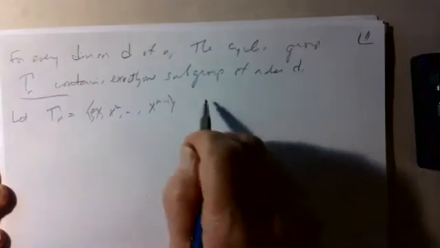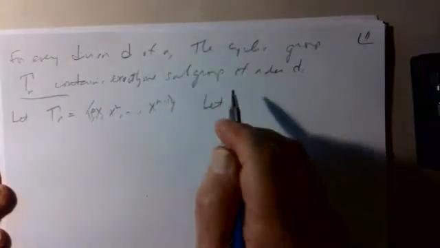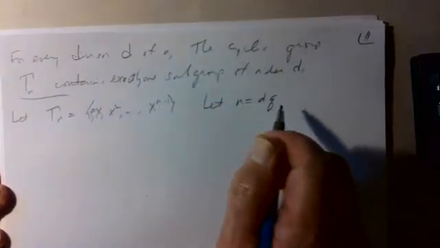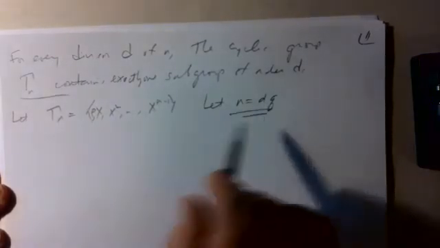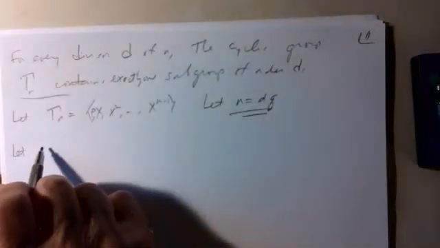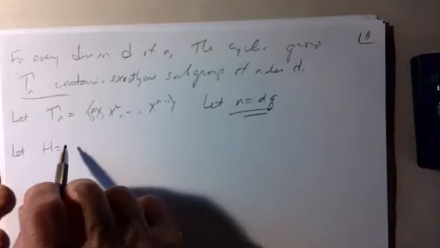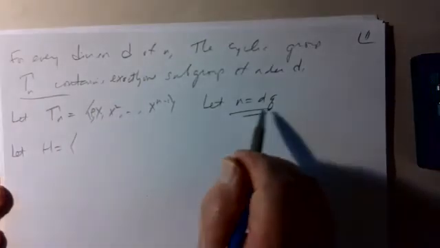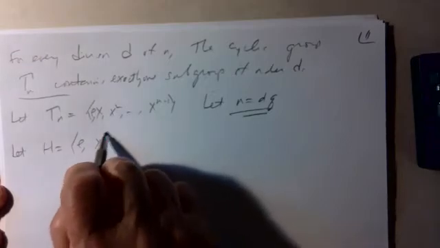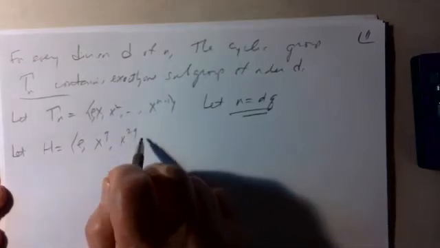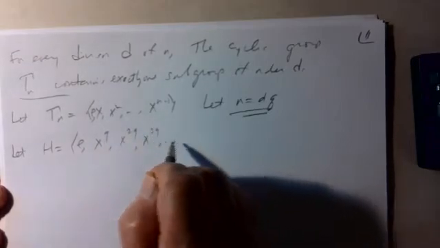Suppose we let gamma n be e, x, x squared, up to x to the n minus 1. And if D is a divisor of n, let n equal D times q. Suppose I let H be the subgroup of gamma n consisting of all the powers of x to the q: e, x to the q, x to the 2q, x to the 3q.